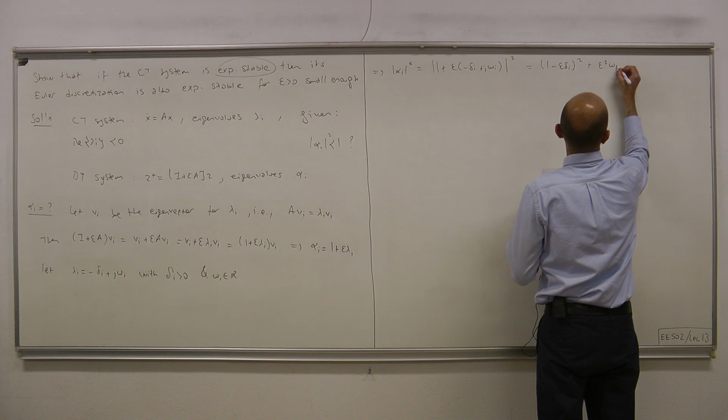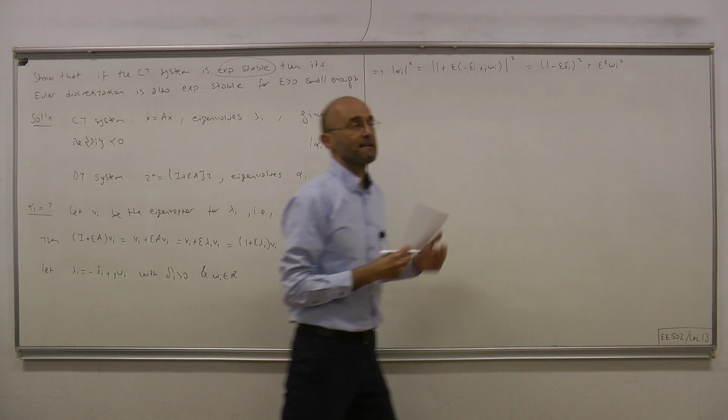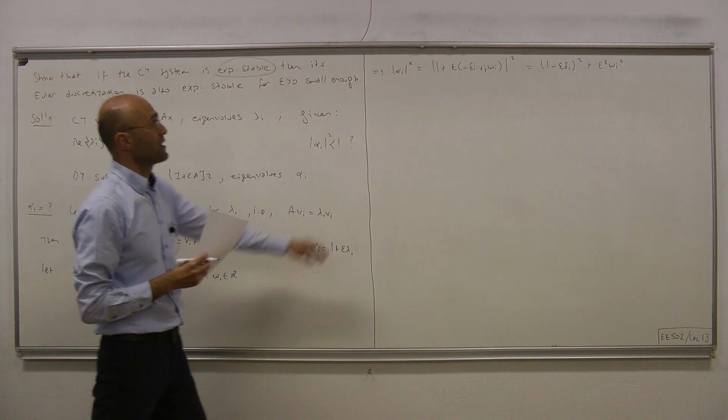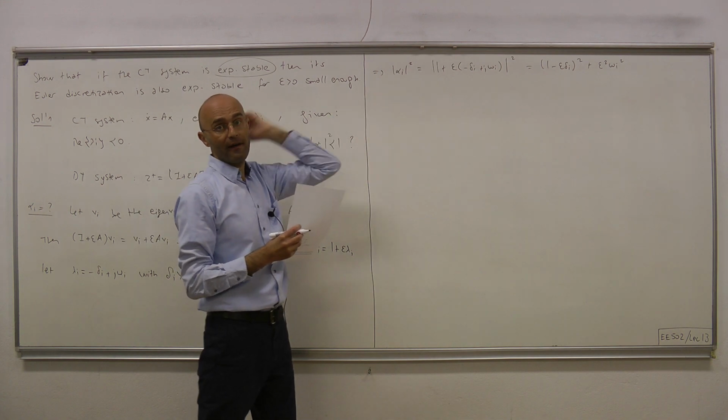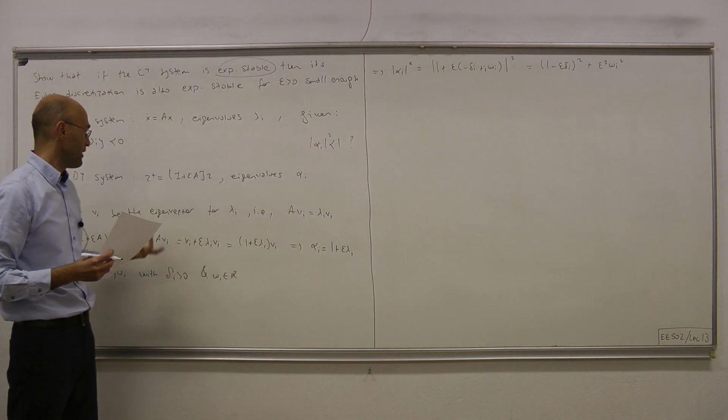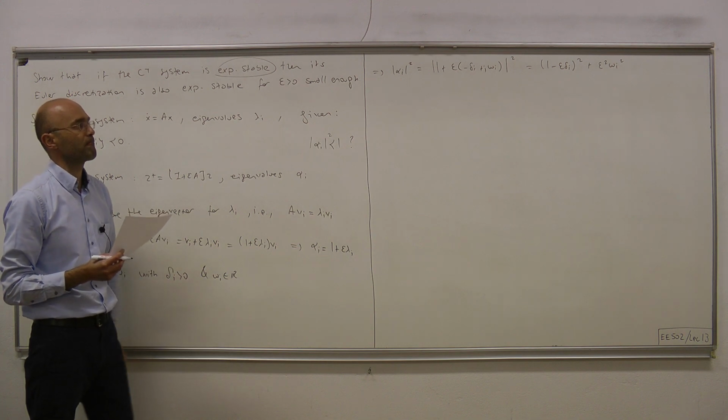Epsilon square omega I square. Okay, so that's the magnitude square of our eigenvalue. Eigenvalue of what? Eigenvalue of the discrete time system.